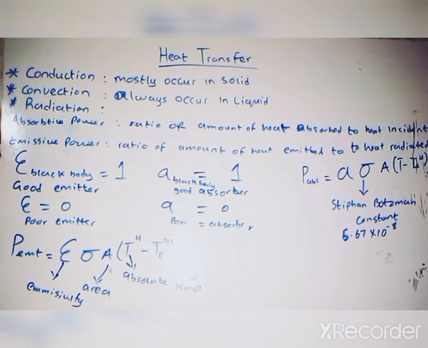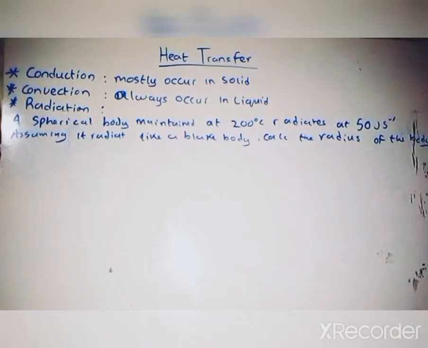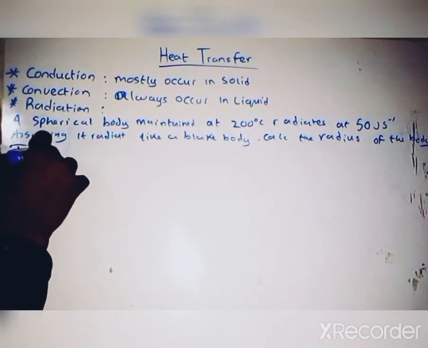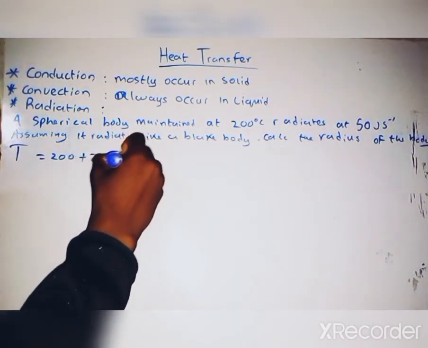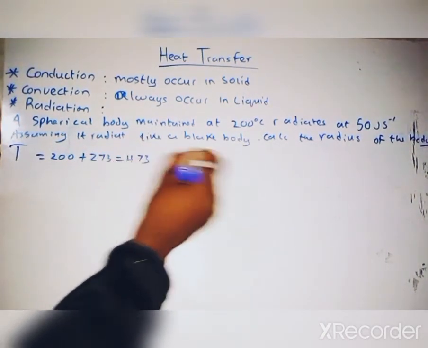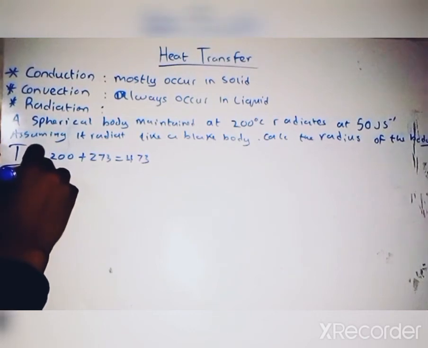So now let's solve a question on radiation. This question is about a spherical body at a temperature of 200 degrees plus 273, that is 470 kelvin, with power of 50 joules per second.